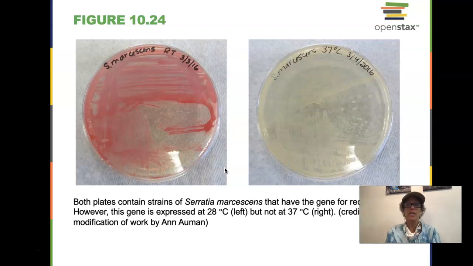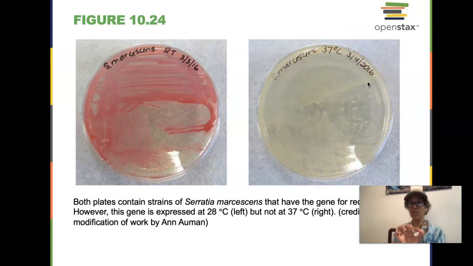This is looking at the same culture of Serratia marcescens. From one broth tube, streak two nutrient agar plates, but one of the plates was put at 28 degrees centigrade and the other was put at 37 degrees centigrade.